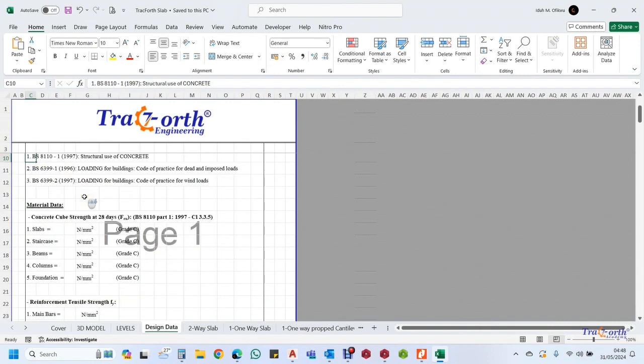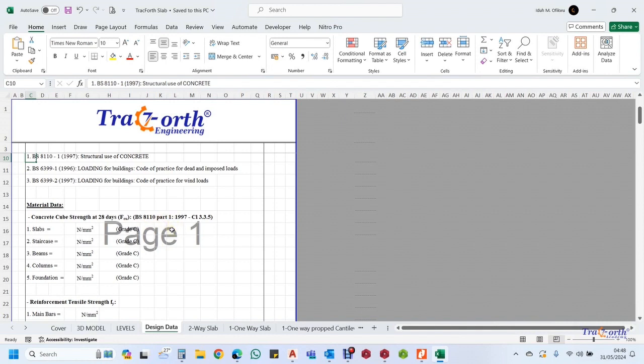You have to determine that, and then you also have to determine your material data. And the first material you are going to determine is the concrete cube strength at 28 days. And this is covered in BS 8110 Part 1, 1997.